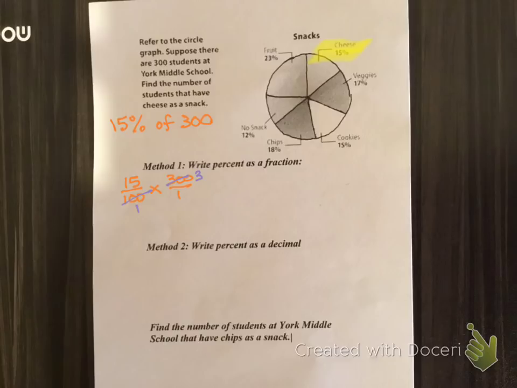So if I multiply straight across, I get 15 times 3 is 45, and the denominator would be 1, so I'm not going to write that. So the answer would be 45 students have cheese as a snack.